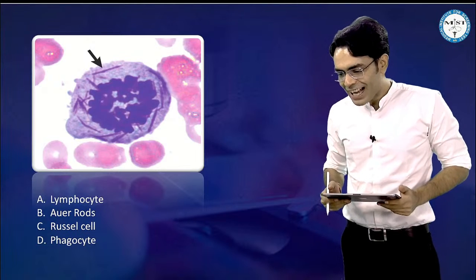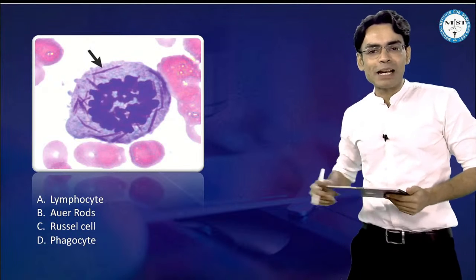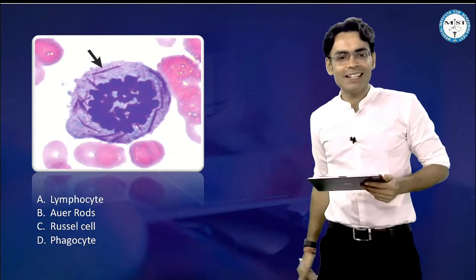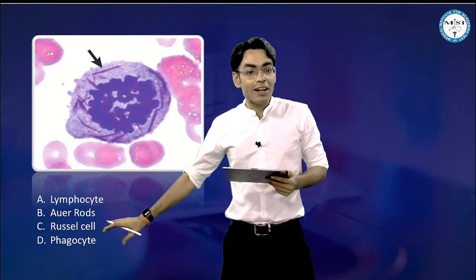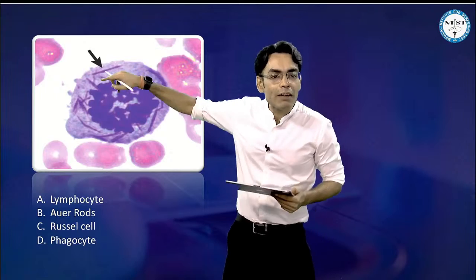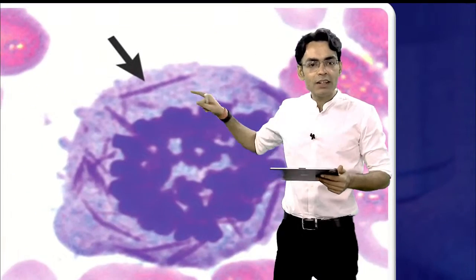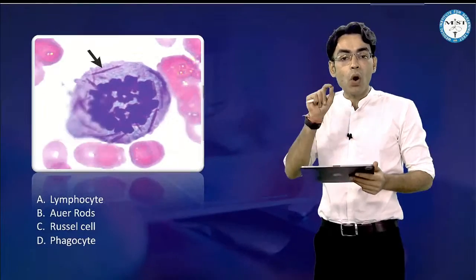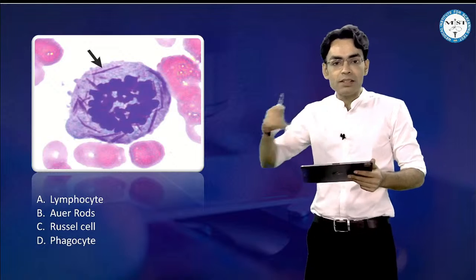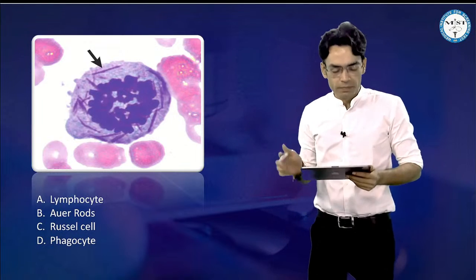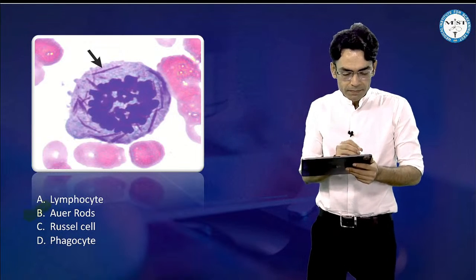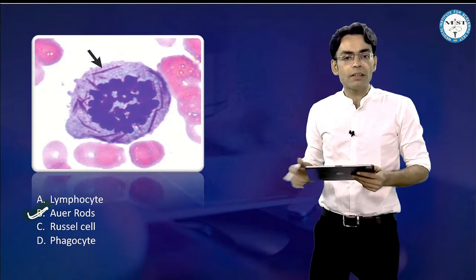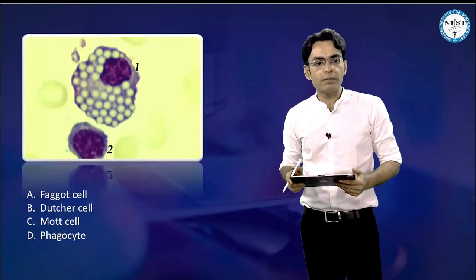Now you people are coming up. This is Auer rod. This is not a lymphocyte. This is not a Russell cell. Lymphocyte will not have. Do you see these cylinders? Do you see these cylinder-like things inside? This is a myeloblast, which is containing rod-like cylinders inside. This is your Auer rod. The correct answer is B. It's not Russell cell. This is not a phagocyte.